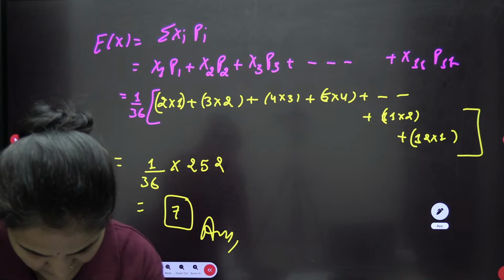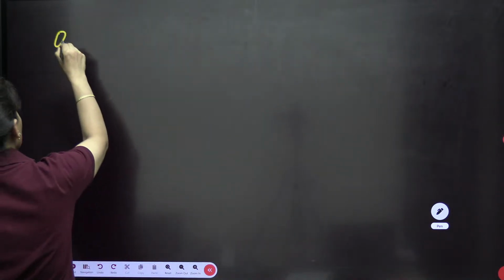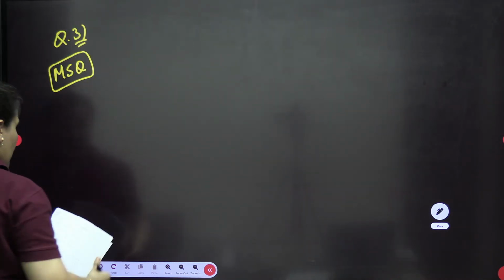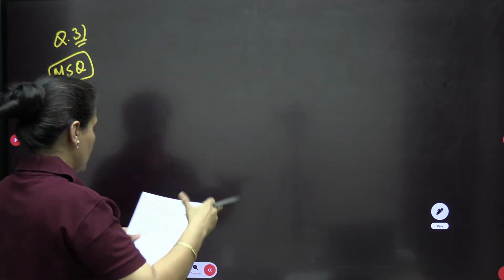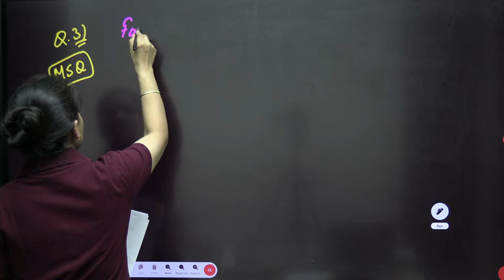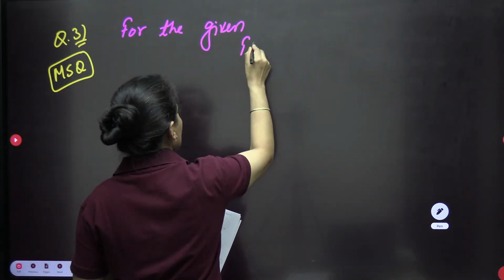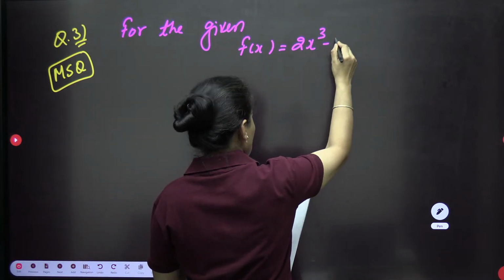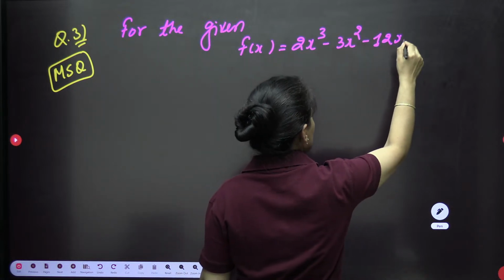And the next question which we have is an MSQ from calculus. This is talking about maxima and minima. Let's see. It's talking about the given function f(x), which is 2x cube minus 3x square minus 12x plus 1.